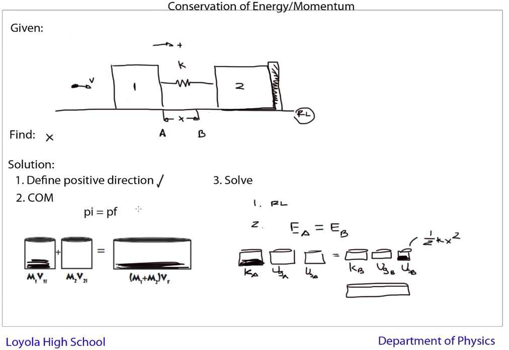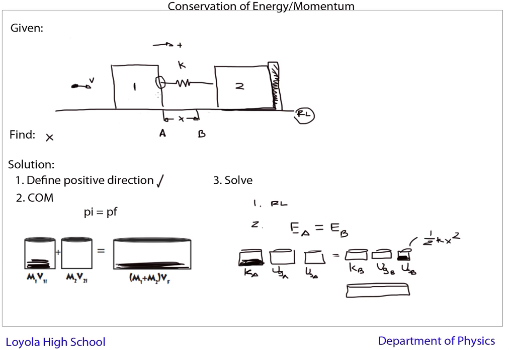Let me go back to one more detail I want to talk about for the conservation of momentum. The condition that needs to be met for conservation of momentum is that there's no net external force acting on the system. However, if you look here, the spring is attached to block 1 at the time of collision. So that seems to violate the condition for the law of conservation of momentum.